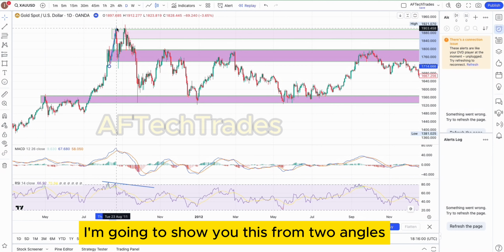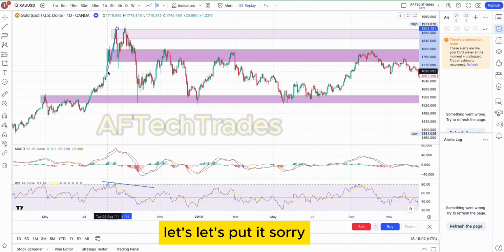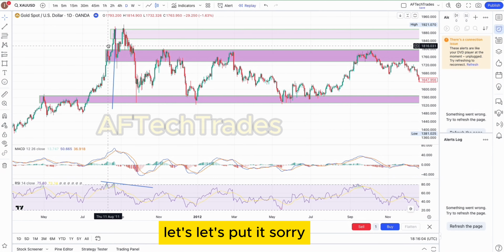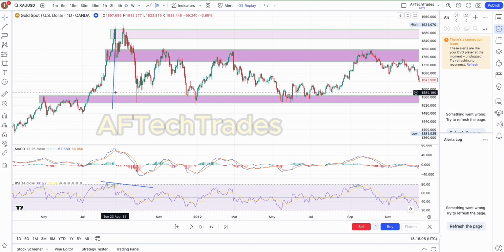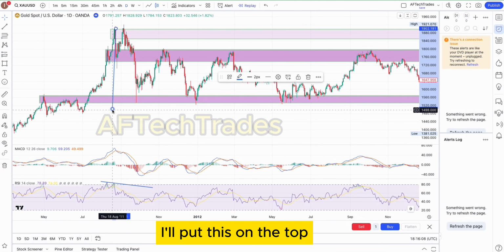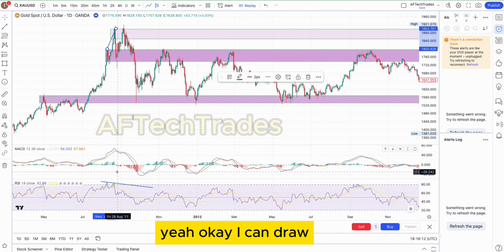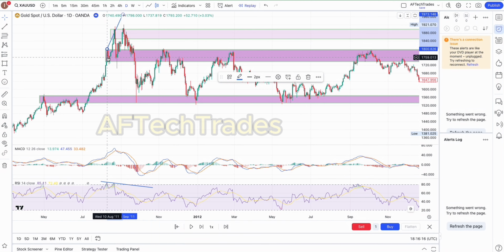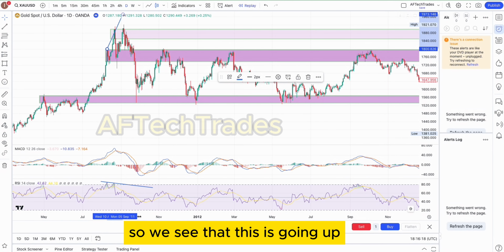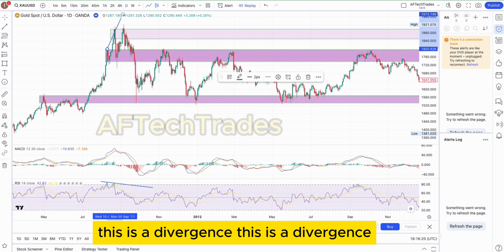I'm going to show you this from two angles. I'll put this on the top here. I can extend this further. So we see that this is going up, this is coming down. This is a divergence.